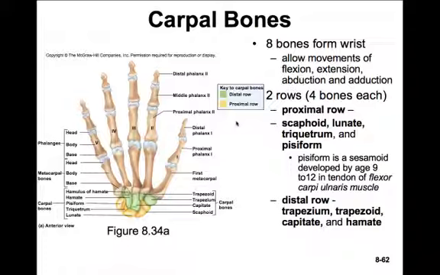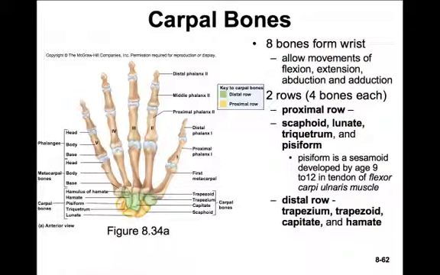Now let's look into the wrist. There are 8 different bones that form the wrist. They allow the movements of flexion, extension, abduction, and adduction in the wrist. There are 2 rows, each having 4 bones. The proximal row is shown here in yellow. If we move in anatomical position from the thumb side across, we can name these bones.